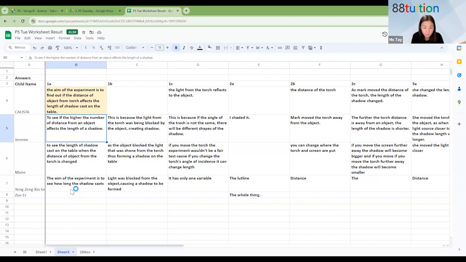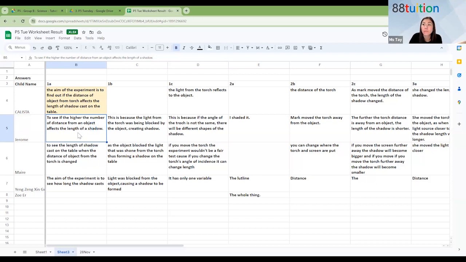The measured variable is actually the length of the shadow. So the length of the shadow is another area you need to look into when you write the aim. Even though you have the distance from an object, you didn't mention the distance of object from the torch. You didn't write down from torch, so that is also being marked down, Jerome.